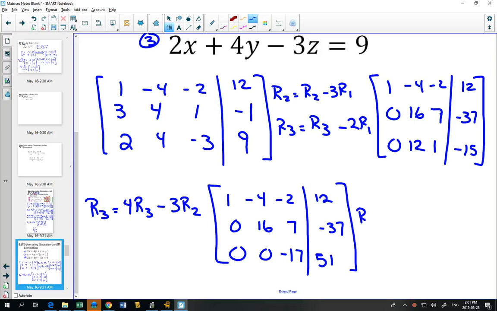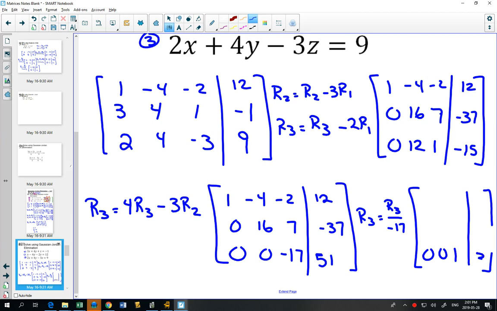And then row 3 is now equal to row 3 divided by a negative 17. 0, 0, 1, negative 3, 0, 16, 7, negative 37, 1, negative 4, negative 2, and 12.